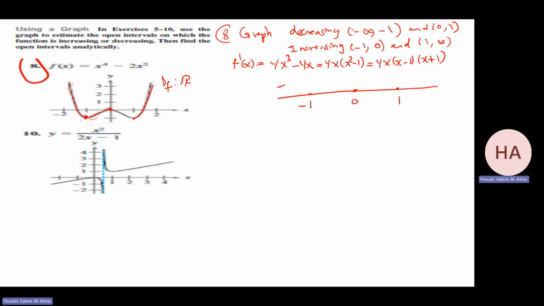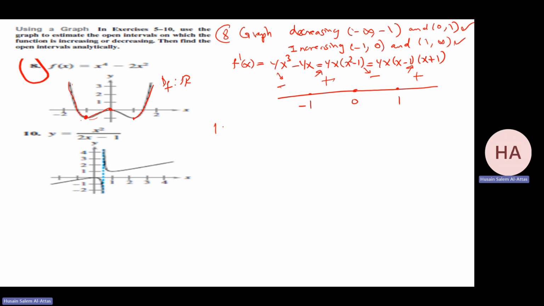Minus 1 to 0, take minus half. Negative, negative, that will be positive. 0 to 1, take half. Positive, negative, positive, that will be negative. More than 1, positive. So it's decreasing, increasing, decreasing, increasing. So decreasing from minus infinity to minus 1, and from 0 to 1, which is the same. Increasing from minus 1 to 0, and 1 to infinity, which is the same.